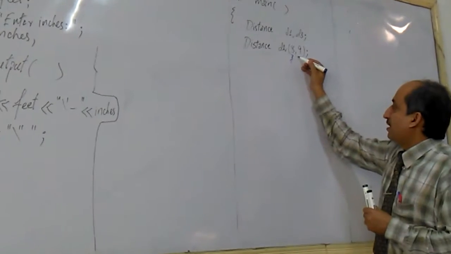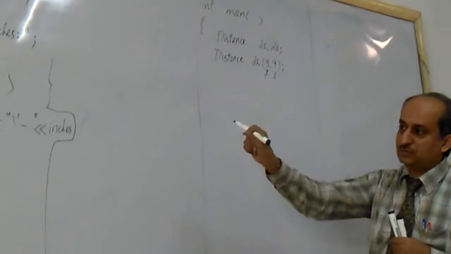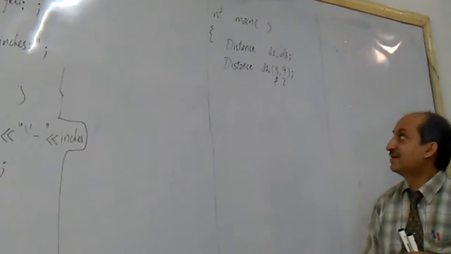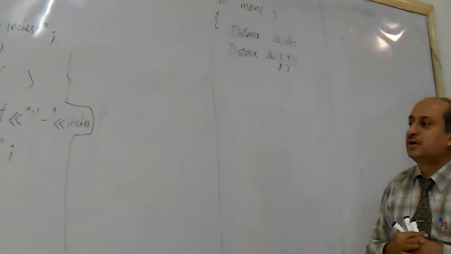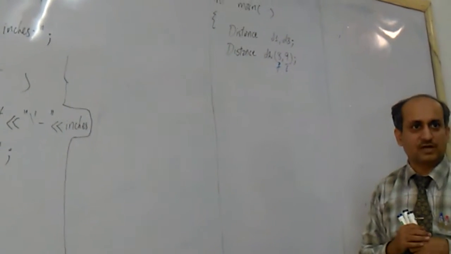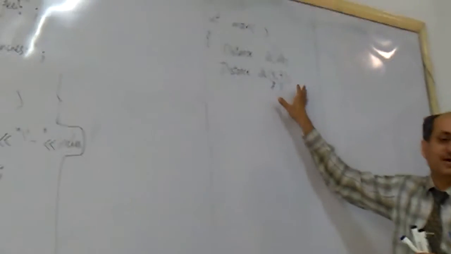These values will be passed in that specific sequence to the parameter list. F will get 8 and I will get 9. In this way, we can invoke argument constructor in order to initialize our object with some specific values.